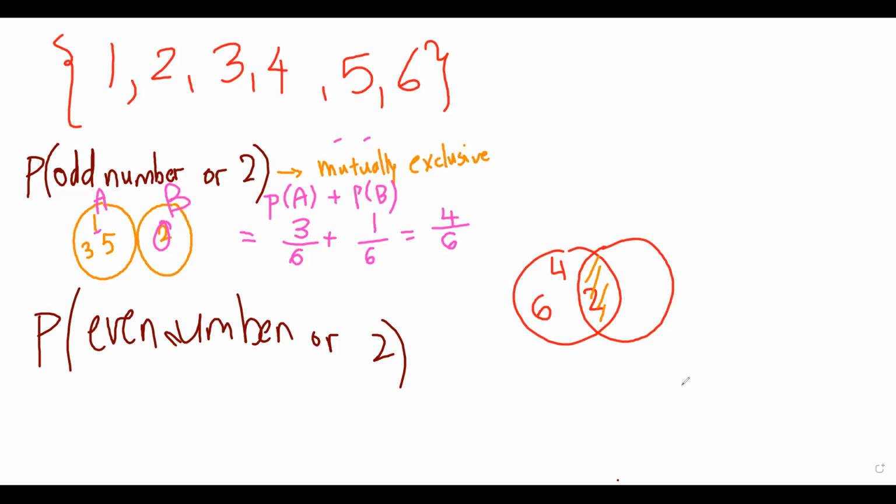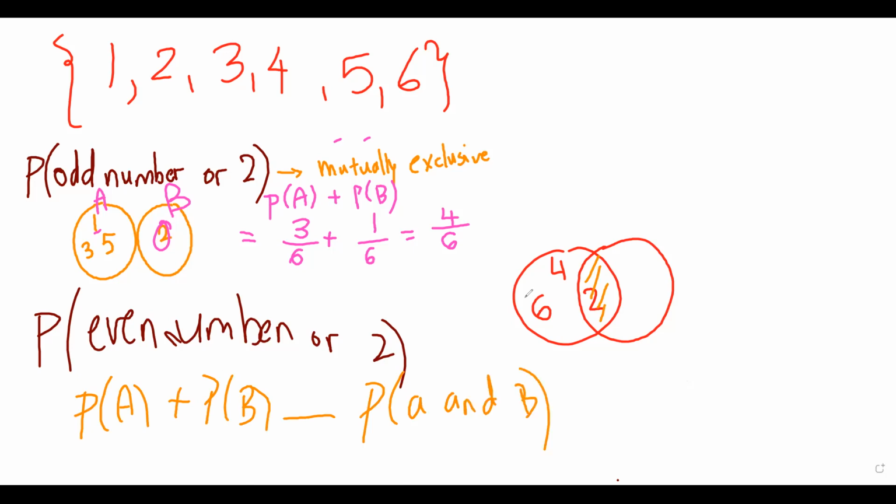So the formula we'll use is the probability of event A plus the probability of event B minus the probability of A and B. What is the probability of event A? How many outcomes do we have? 3, bravo, 3 over 6.